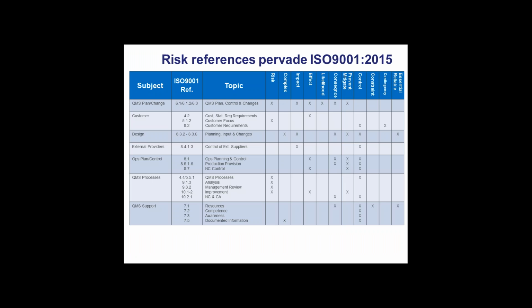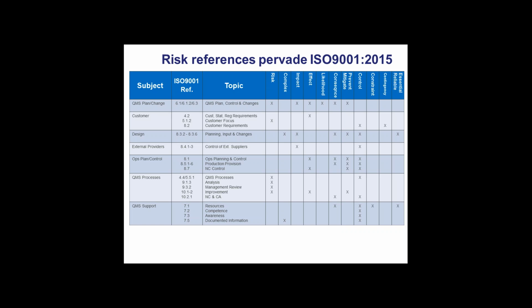You can study this at your leisure when you receive the presentation, but I think it's very, very helpful in this respect. I can say that because it wasn't developed by me, it was developed by a colleague, but I do think it's extremely helpful in understanding the thinking about risk within the context of the standard.